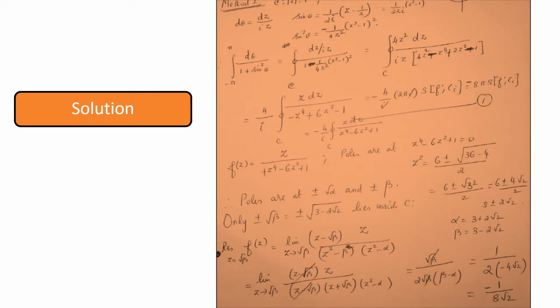So sine squared theta in our case will be negative 1 by 4z squared, z squared minus 1 the whole squared, and also d theta becomes dz by iz, because e raised to i theta is z.